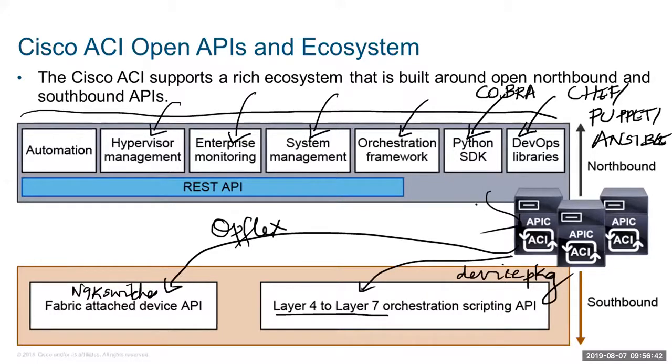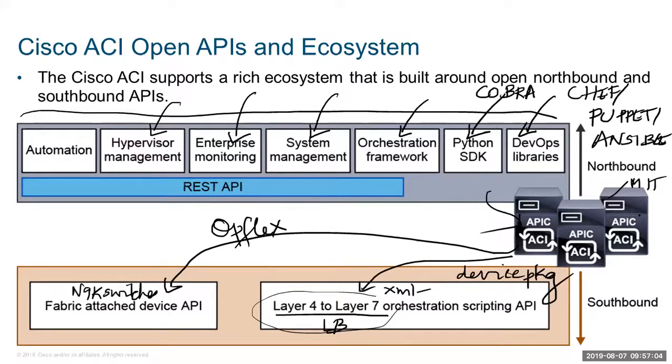Device package file. What that does is it typically has at least two files in there. One is an XML file, which gives the model of, let's say, this is a load balancer. All of its properties should be incorporated into this tree.